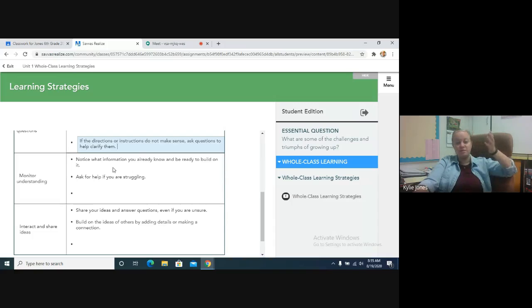And then the opposite side of that. So the first one is knowing that you already know something. But the opposite side is to make sure that you're asking for help if you are struggling. Some of the stuff that we learned this year can be a bit difficult. So if you're not understanding it, please ask for help. There's a lot of people at the school that are more than willing to sit down and help you out with whatever you need to learn.